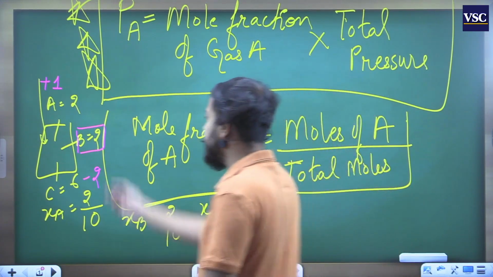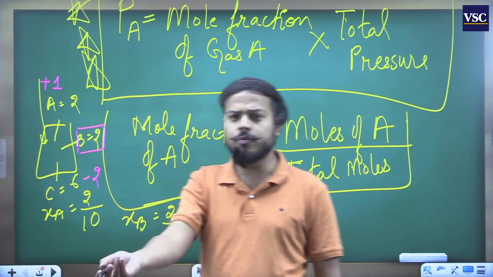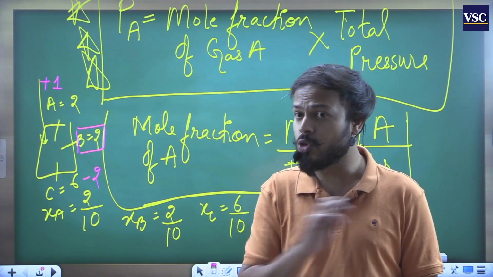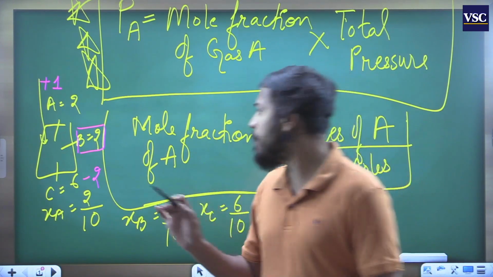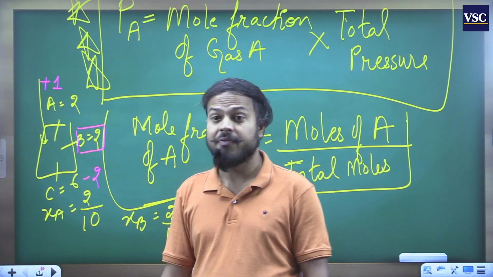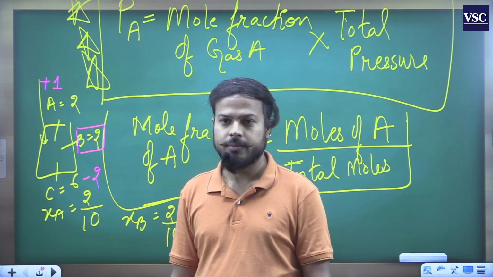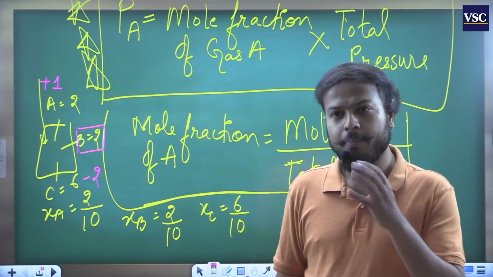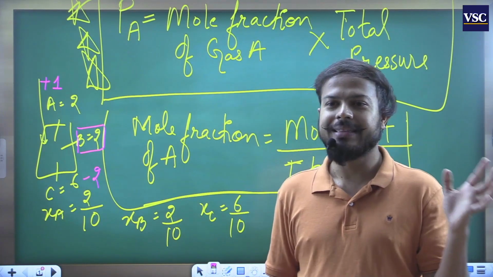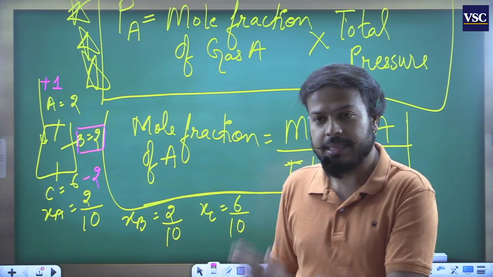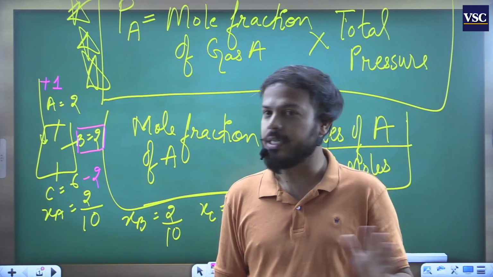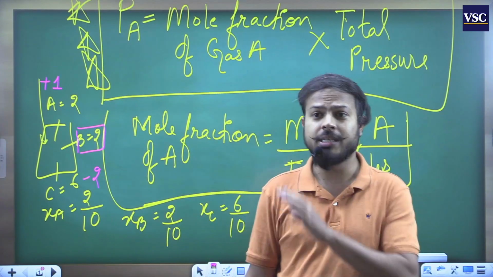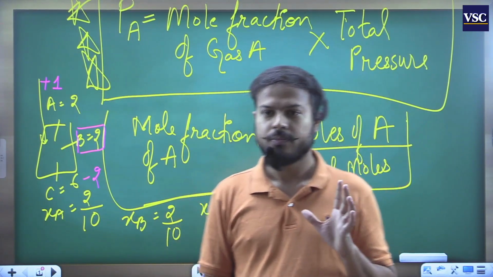So if you have added the moles of A and removed the moles of C, then the moles of B was not altered. So the partial pressure of B will not change. This is a very important concept: if you do not change the moles of a particular gas, then its partial pressure stays the same. This you should know.